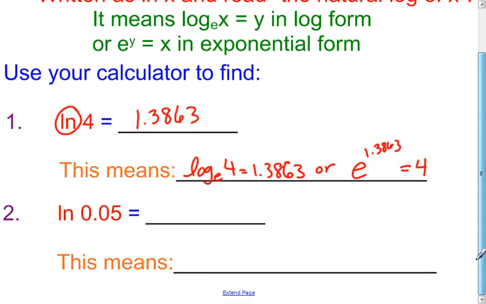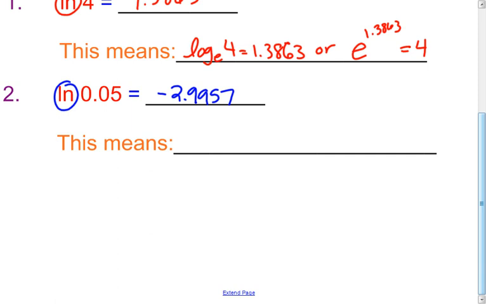Okay? On the next one, if I type in the natural log of 0.05 into my calculator, and I trust that you guys can all do that, you should get negative 2.9957. And again, instead of writing natural log right here, that means the same thing as log base e.